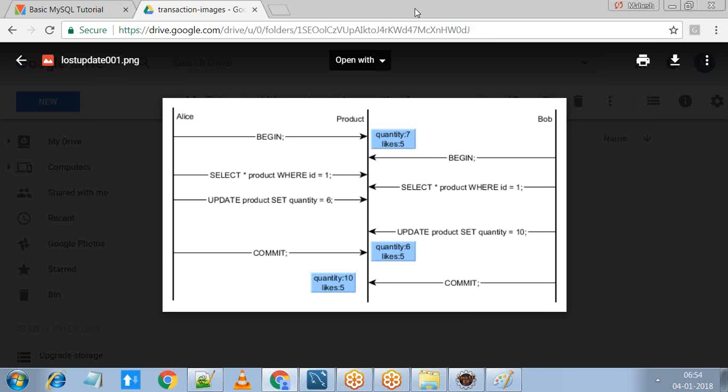At the end of the transactions' execution, you have quantity 10, but it is supposed to be 9. That means Ali's transaction update has been lost here.